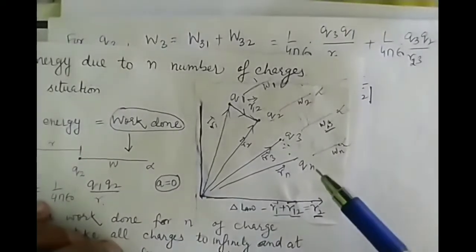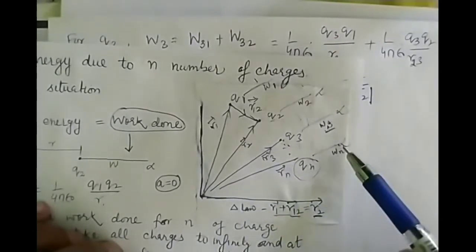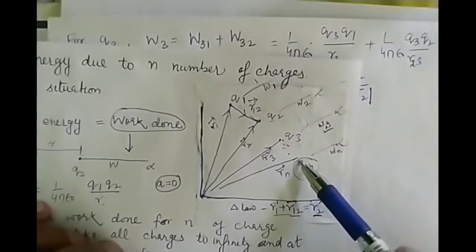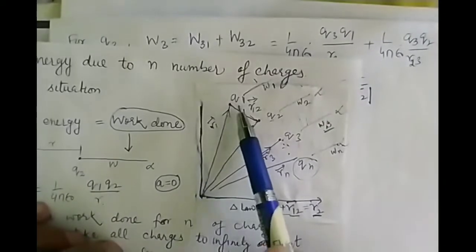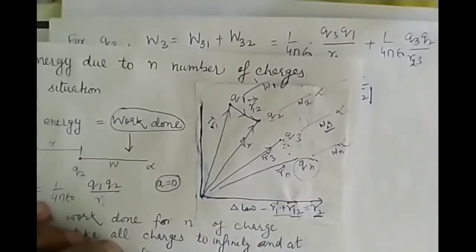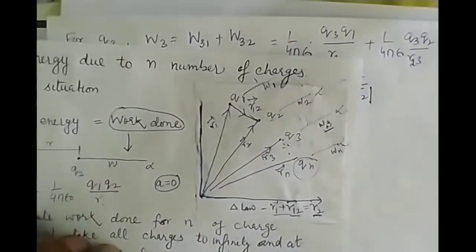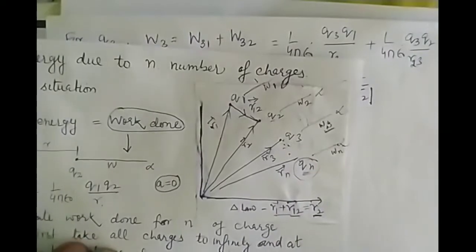When I am bringing this charge particle from infinity to this respective position, I have to do the work against all other charges, that is against Q1, Q2, Q3 and so on up to the (n minus 1)th charge. So what is the total work done to bring this Qn charge particle?